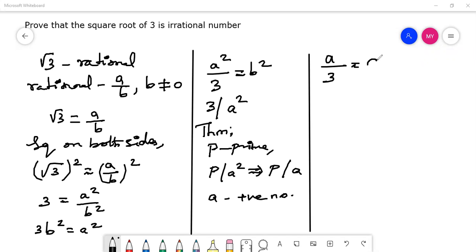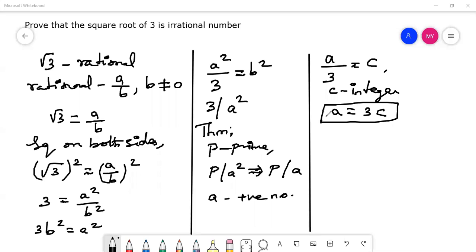I am just assuming it as c, where c is any integer. So after assuming this step, I am getting a equal to 3c. Till this I have got a equal to 3c. Now after this, what should we do?